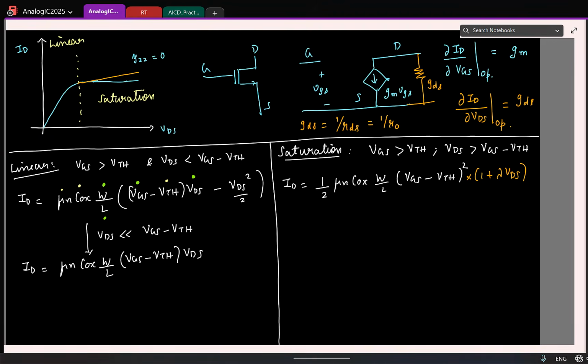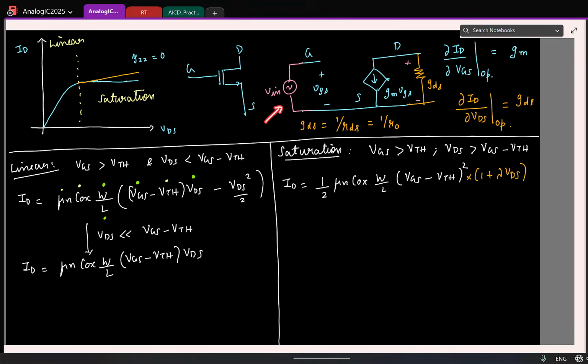Great. So which means sometimes we often do this. Let us say I apply the small signal input directly at the gate, and I try to measure what is the small signal drain to source voltage V out. How much will that be now?